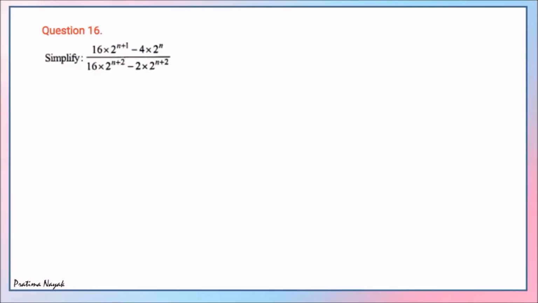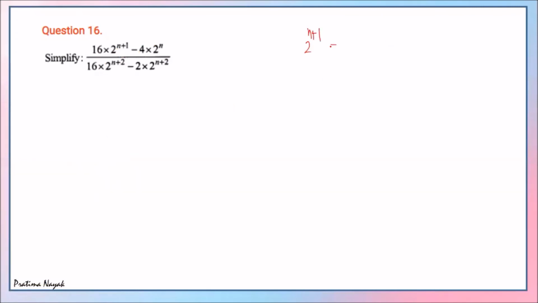Question number 16. Oh my god, this is a very big question with so many n's. Simplify. I hope you are also thinking with me. So what will we write? In the numerator, see, there is 2 to the power n plus 1.